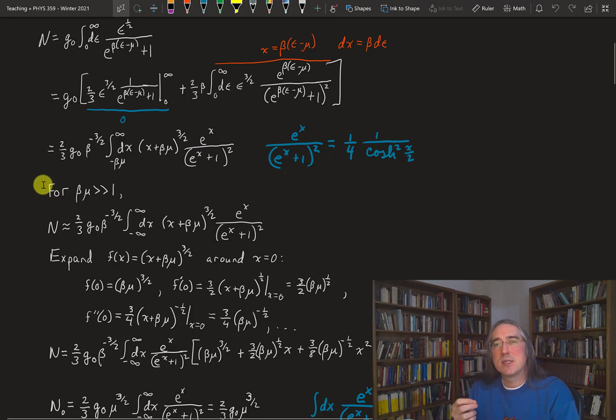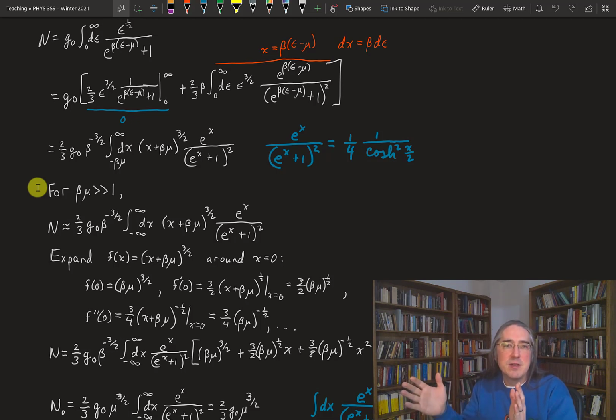One thing it does for us, and again, this is something that we did early on in the course when we were looking at how much energy should be in this subsystem, and we got a very sharply peaked function around a certain energy, and we were doing an integral from, say, 0 to infinity. And then we said, wait a second. The value of this function is so tiny at 0, we can just extend the integral to minus infinity, and we're really not changing anything.